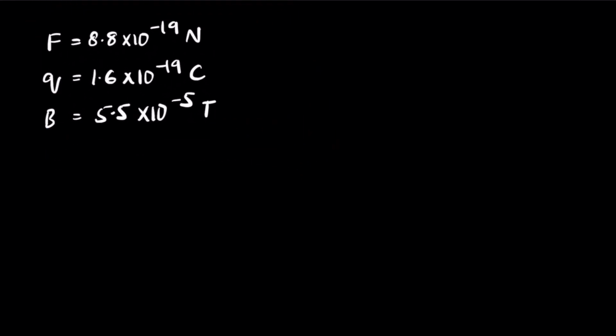So we know the formula for the magnetic force. The only thing we do not know is velocity, V equals question mark. The magnetic force is equal to B Q times V. So we want to find V. V becomes Fm by BQ.